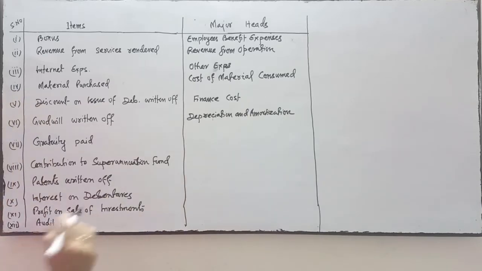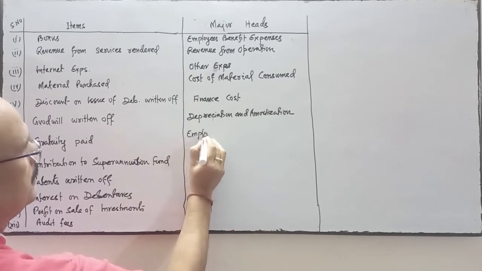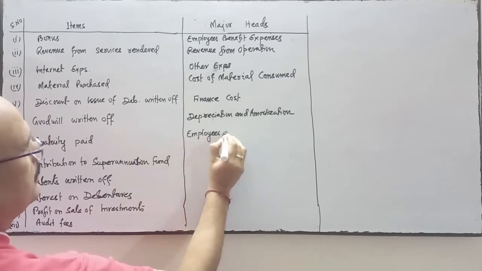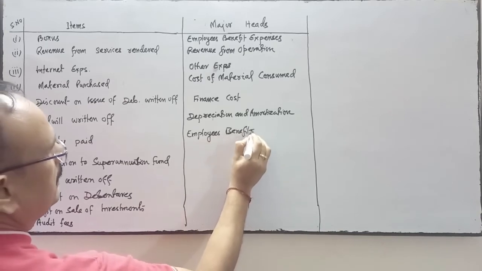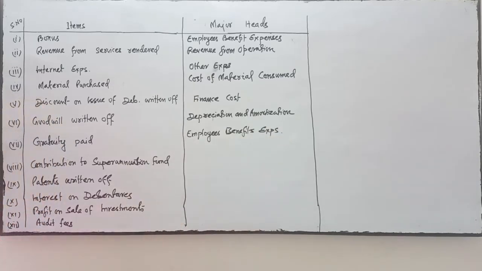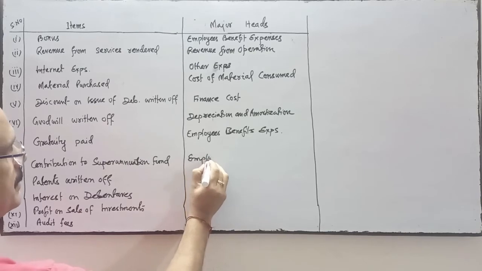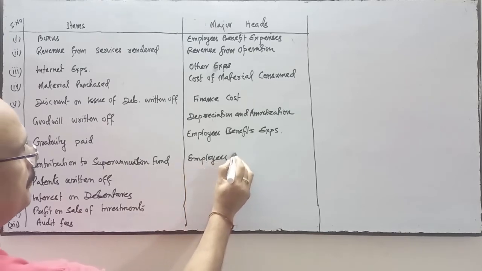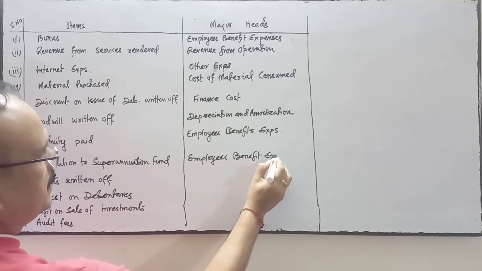Gratuity comes under employee benefit expenses.